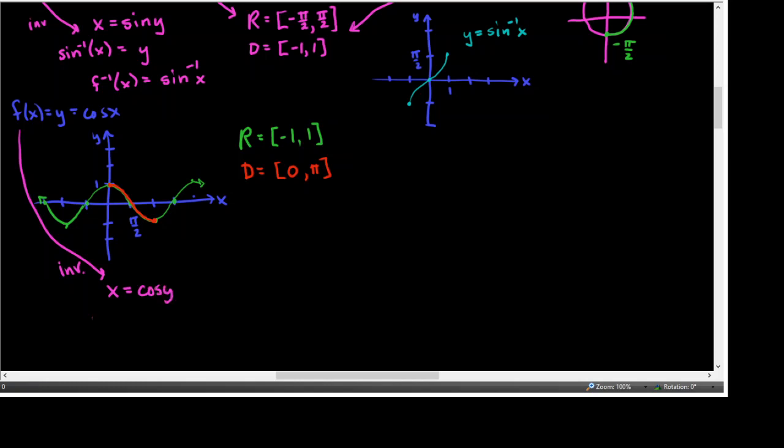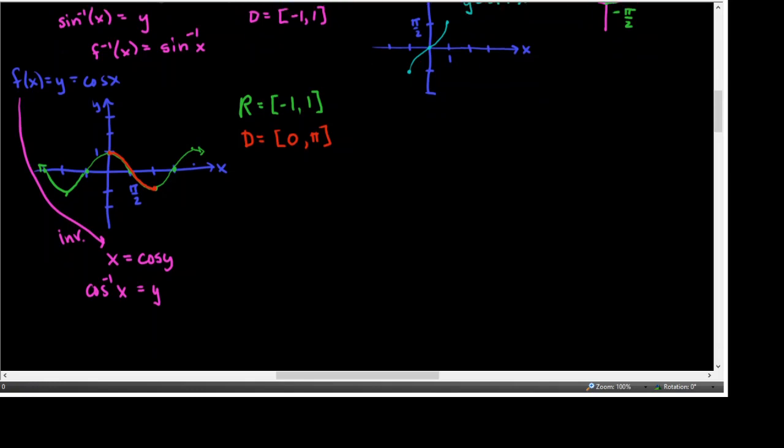Taking inverse cosine of both sides, or arc cosine of both sides, you get y equals cosine inverse of x, otherwise known as f inverse of x equals cosine inverse of x. And since the range was negative 1 to 1 for the original function, that means that the inverse is going to have a domain of negative 1 to 1.